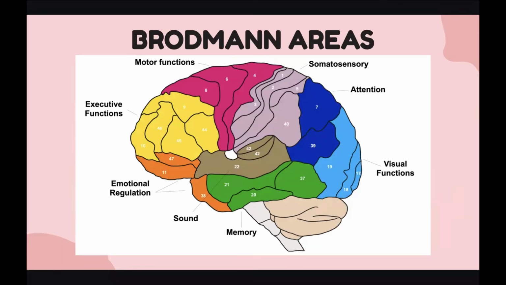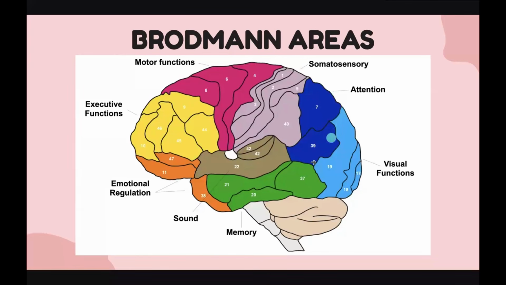All right. So a way that scientists decided to classify different areas to help us memorize the different areas and their functions is the Brodmann areas categorization.